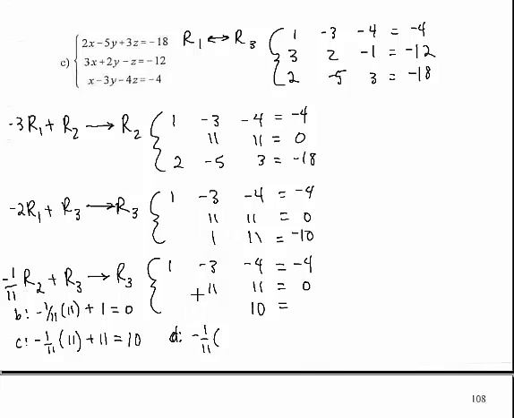They were just 0. So no need to calculate that. I wouldn't end up with an x term. So for D, negative 1 over 11 times 0, and then plus row 3, which is negative 10. This is 0, and so I just end up with a negative 10 for D of the third equation.